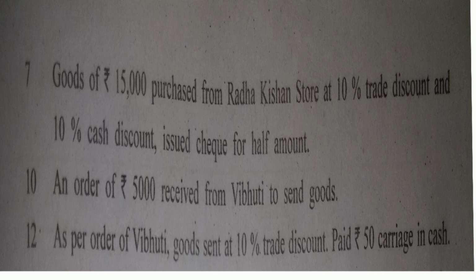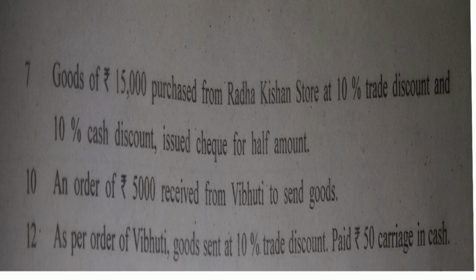Now see, the transaction on 12th of June consists of two journal entries in it. Firstly, the goods have been sent to Vibhuti. Secondly, the carriage is paid. Yes? So the first journal entry and second journal entry.